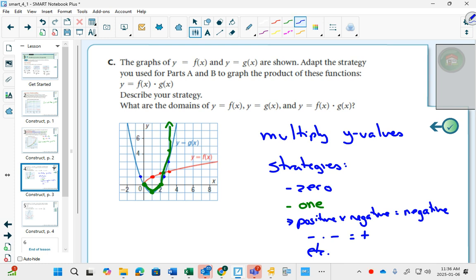Okay? How accurate do they want your graphs? They want to make sure that they see the zeros and the ones because they're easy. Any other easy points that you could do, right? You can always add more points, but just a general idea of what the graph looks like.